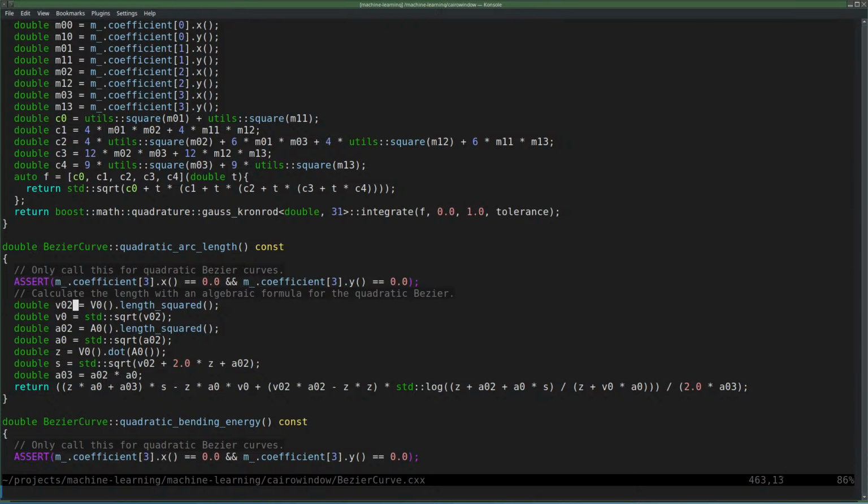I could say the V0, which is really two variables, V0x and V0y. They have been calculated from the angles, so the quadratic form.